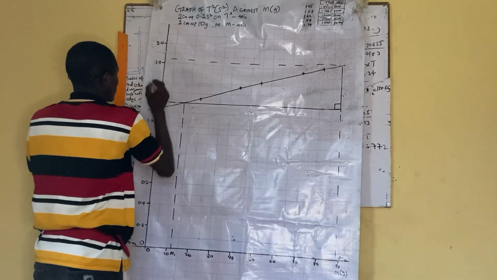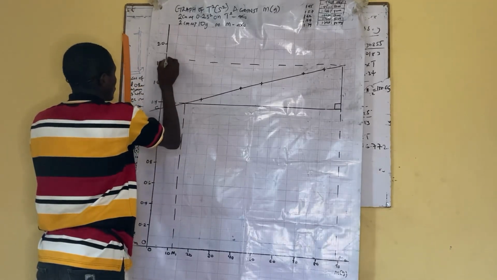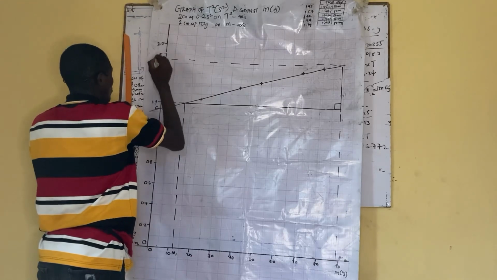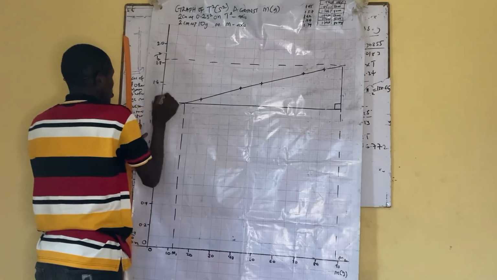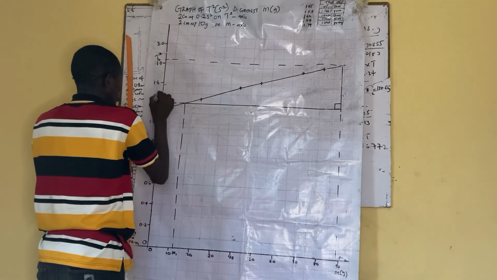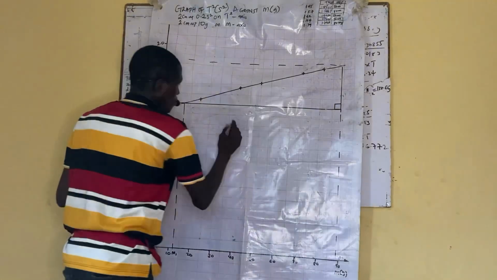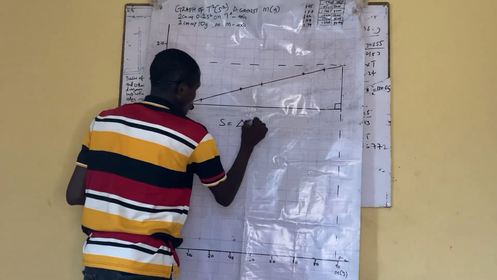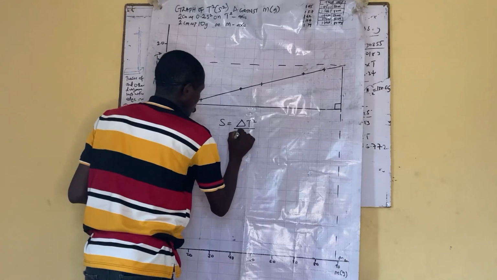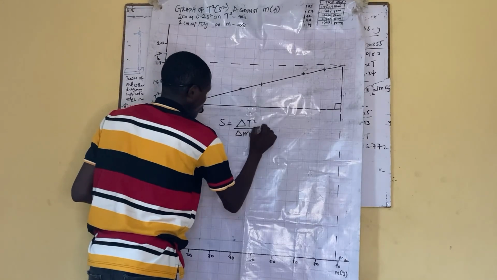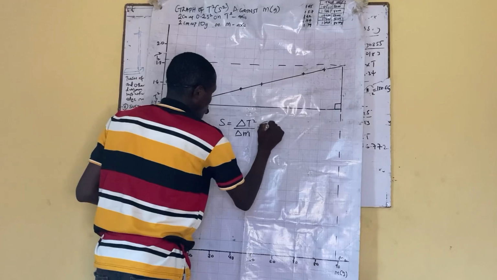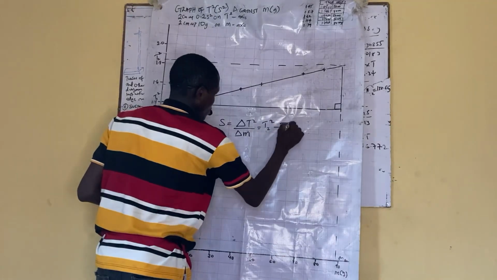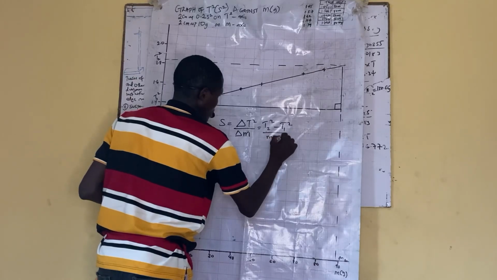So this one is T2 square and T1 square. So our slope will just be change in T square over change in M, which is T2 square minus T1 square over M2 minus M1.